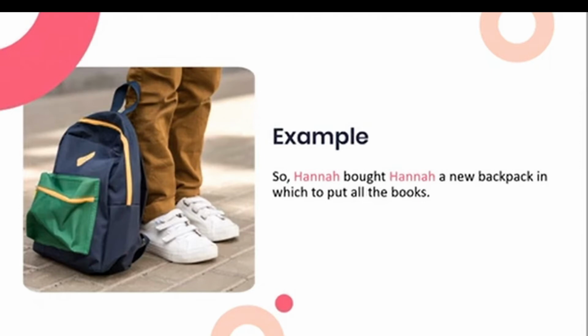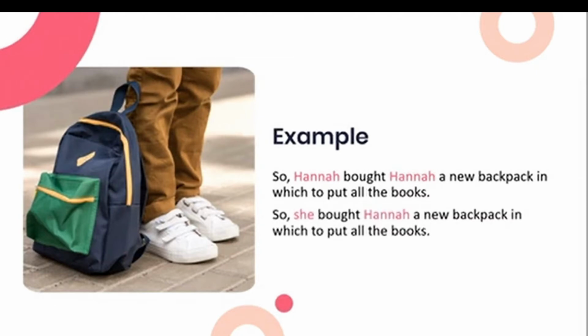As you can see, the subject of the sentence, Hannah, and the object of the sentence, Hannah, refer to the same thing, Hannah. Remember, we can change the first Hannah, the one in the subject position, to the subject pronoun, she. So now the sentence is, so she bought Hannah a new backpack in which to put all the books.